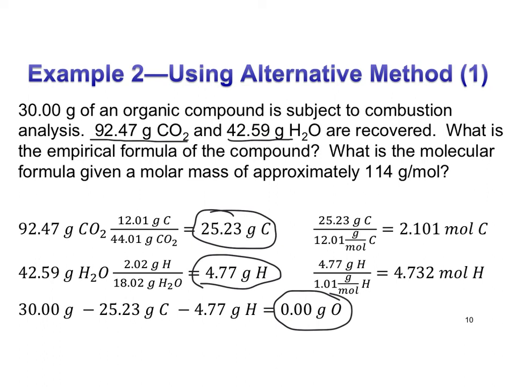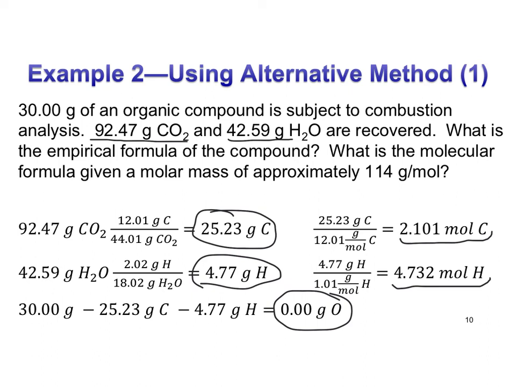Thus, there is no oxygen present in this compound. Taking 25.23 grams carbon and dividing it by its molar mass gives 2.101 moles of carbon. Taking 4.77 grams hydrogen, dividing it by its molar mass gives 4.732 moles of hydrogen.